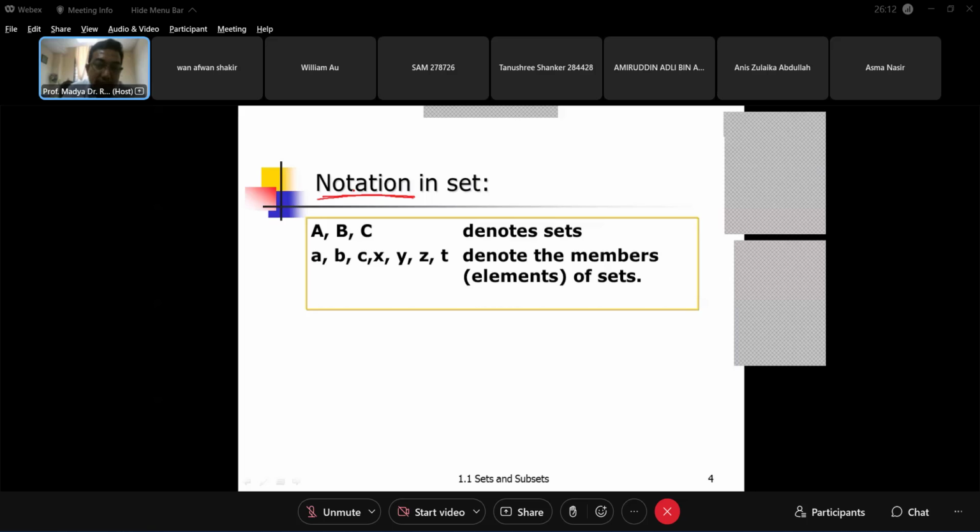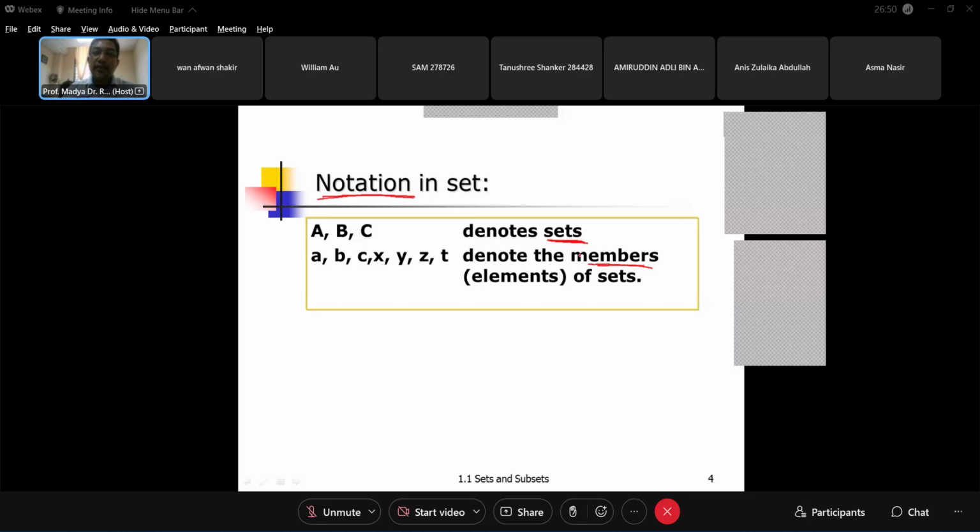So for example here, once we put A, B, C in capital letters, we identify it as a set. Once we utilize small letters like a, b, c, x, y, z, actually we represent the members of the set. That's the standard rule used in set. So this block we call notation, the notation about set.